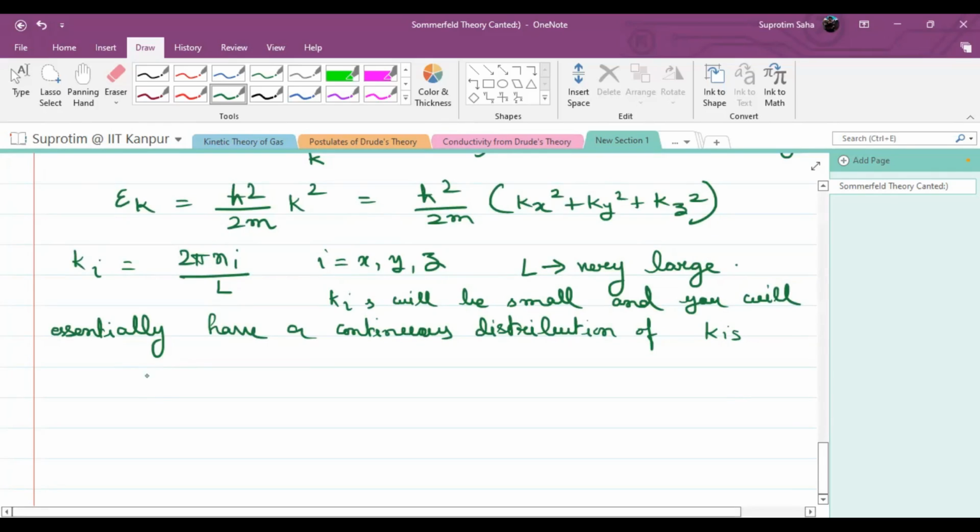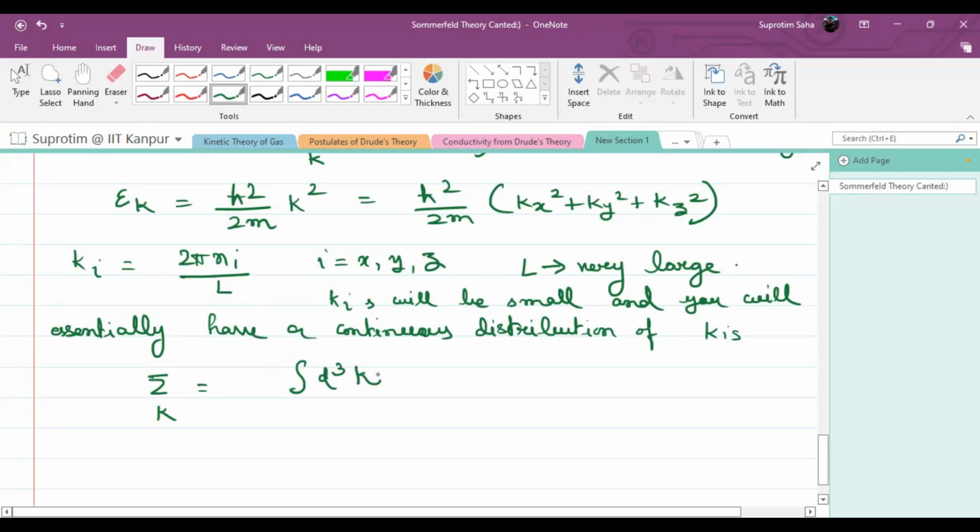So as I said, it will be in the continuum limit. The summation over all the K values can be transformed into an integration. Summation over K means you have to sum over all the discrete K states or the momentum states. But when you do an integration, you integrate over the volume.